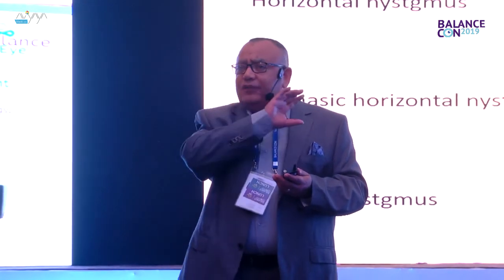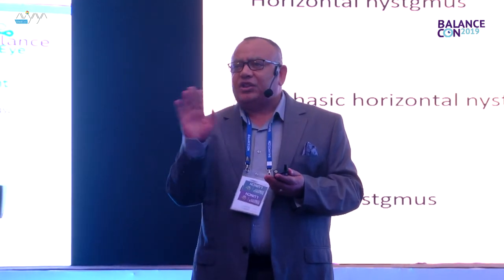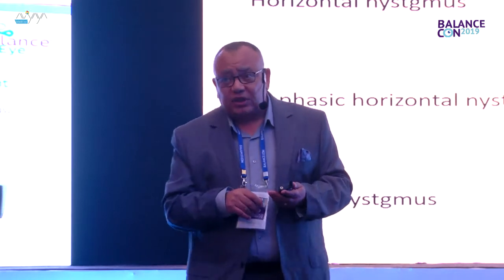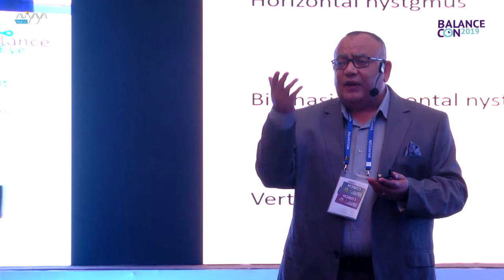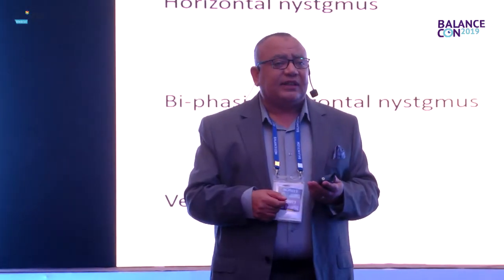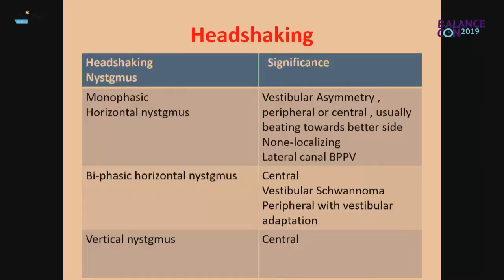This is for a monophasic nystagmus, which means a nystagmus in the same direction, just right beating or left beating. So what if after the head shaking, you find up beating or down beating nystagmus? Central, yes. And what is the most common central vestibular disorder? What else?